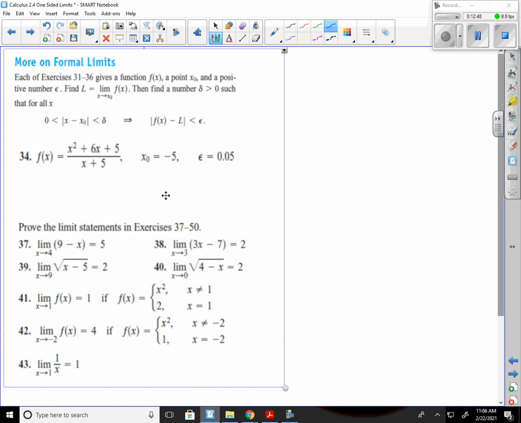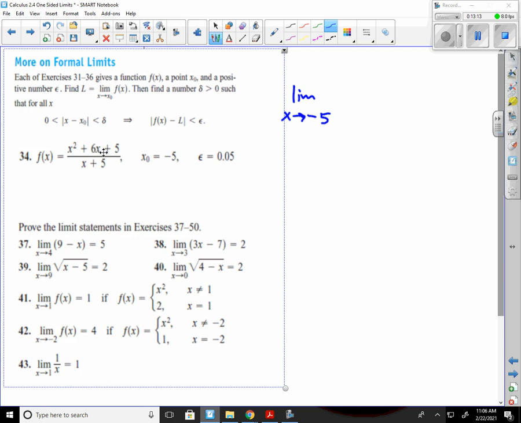So we're looking at the limit as x approaches negative 5, because that's our x naught, of this whole thing. Now, the first thing I'm going to do for number 34 is I need to figure out what my limit is.